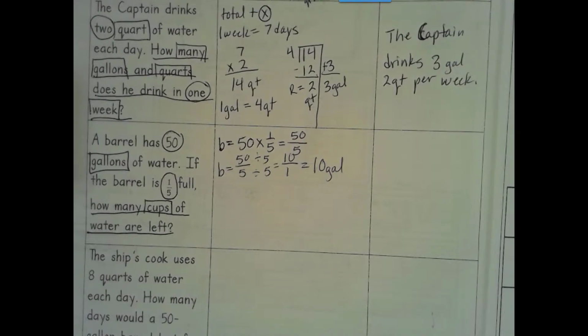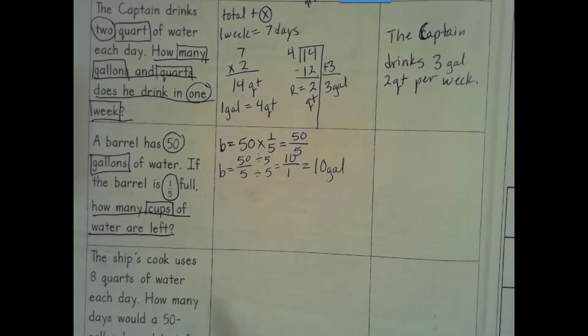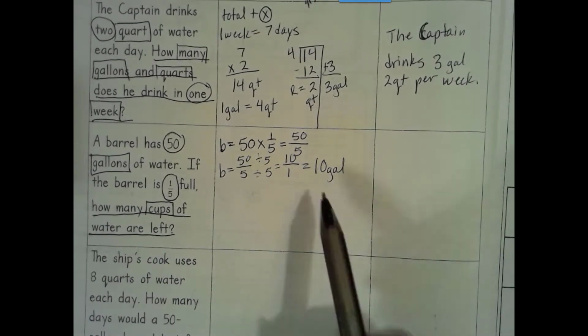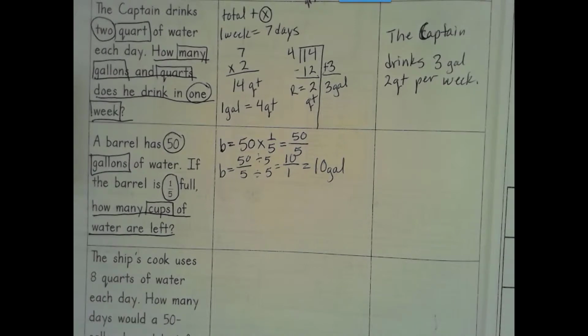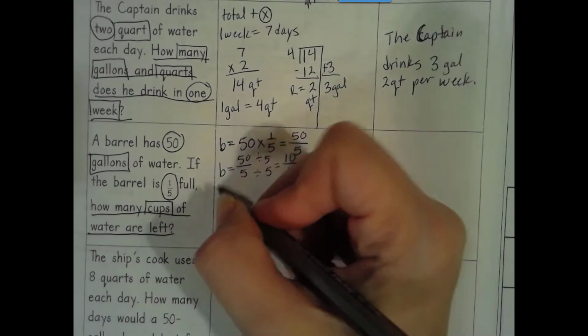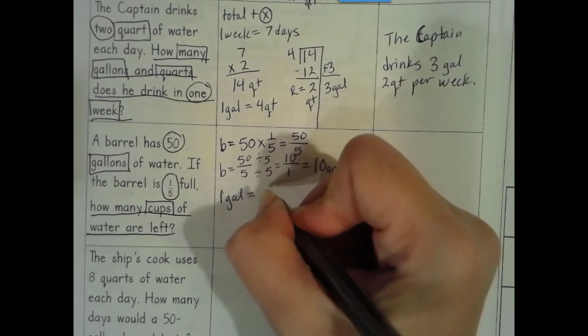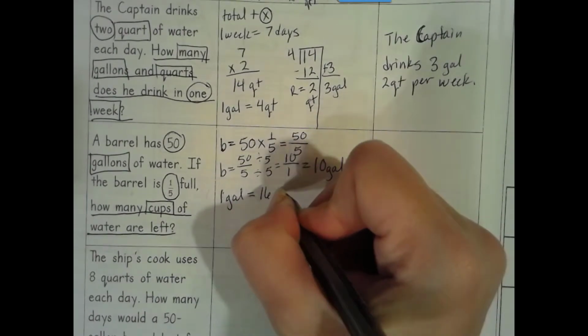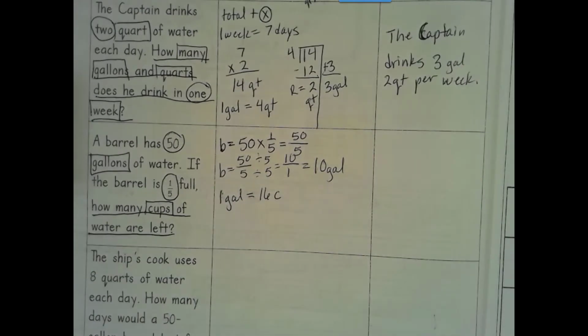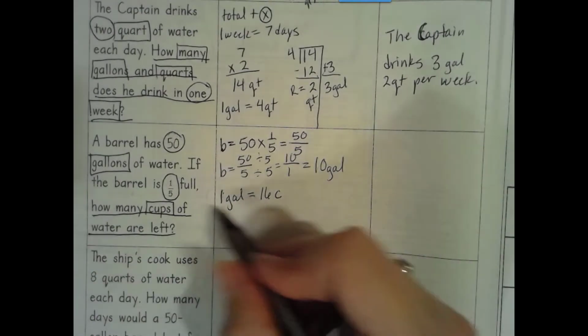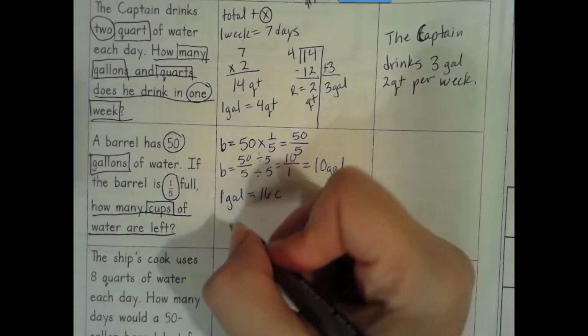Now, we don't want our answer in gallons. We have 10 gallons of water, because that would be 5 equal groups of 10 that go into 50. We have only one of those groups left, which would be 10 gallons. But we want our answer in cups, so we have to remember 1 gallon has 16 cups. If you do not remember that, you can always look back in your trimester 2 notes and look for your conversion.